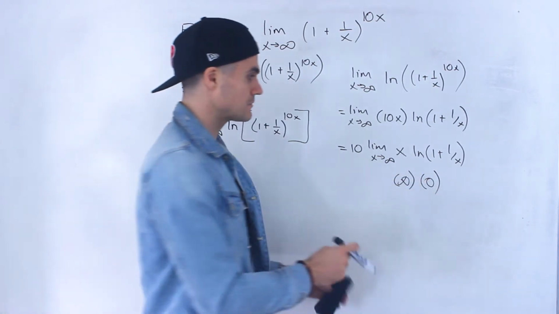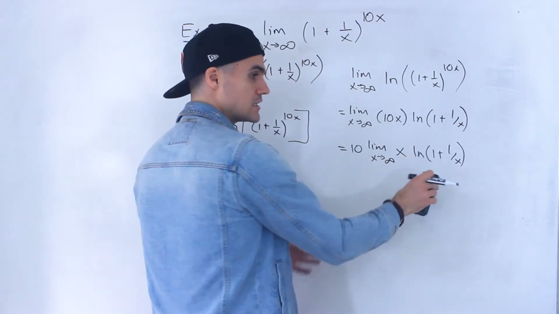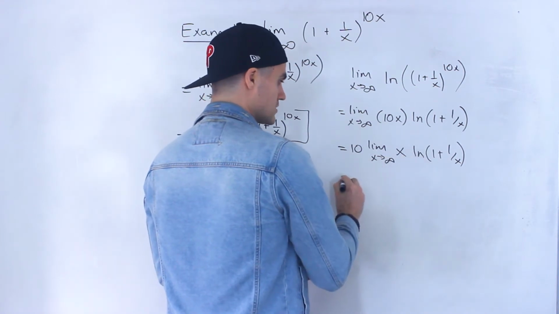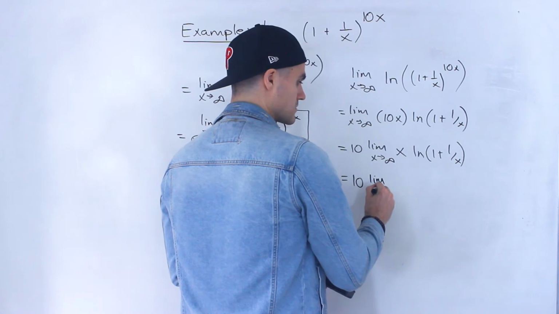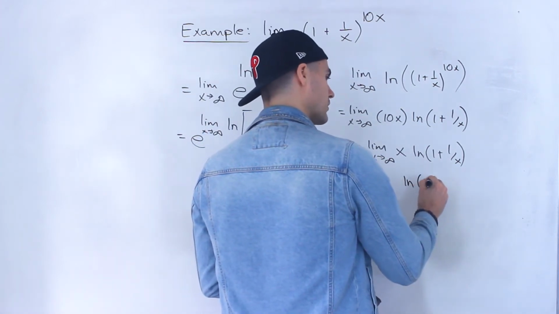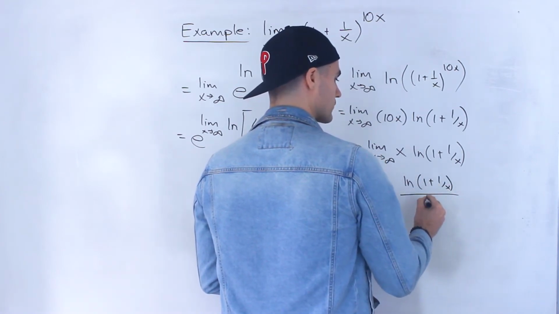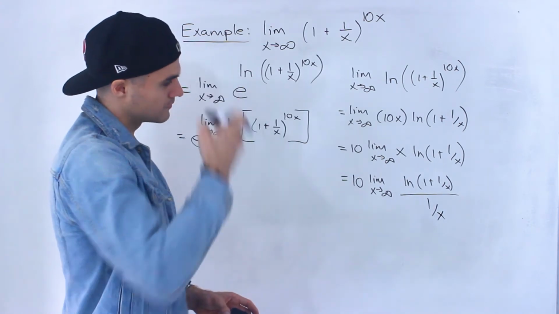And so it's an indeterminate product. And when we get something like that, what we want to do is take one of these functions, bring it to the denominator, and make a reciprocal. I feel like this one's going to be easier to do that with. So I'll have 10 times the limit as x approaches infinity of ln of (1 plus 1 over x), all over 1 over x, like that.